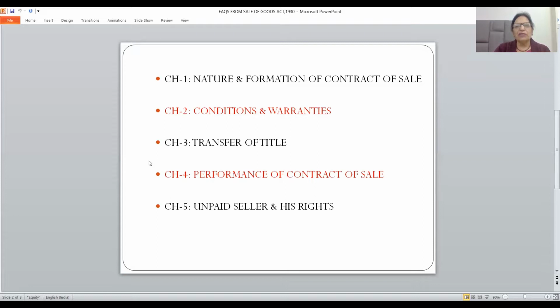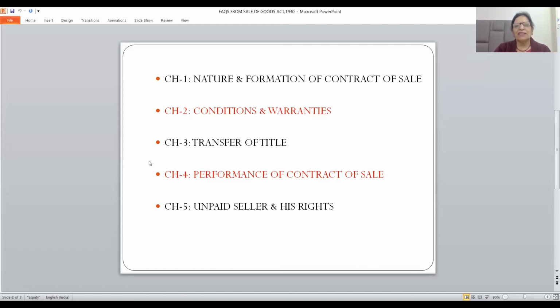So 9 points of distinction are there. The main one is the title, transfer of ownership, which takes place immediately in case of sale, but takes place at a future date or when some conditions are satisfied in case of an agreement to sell.